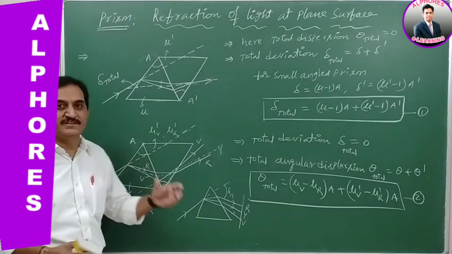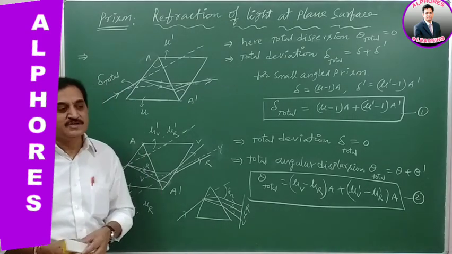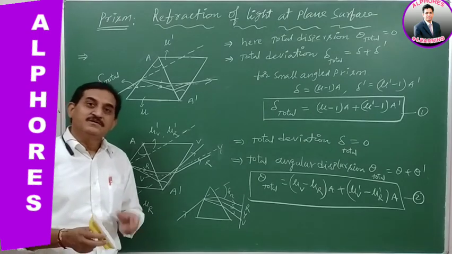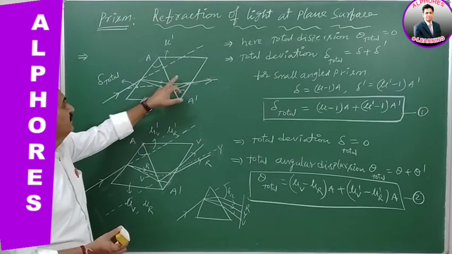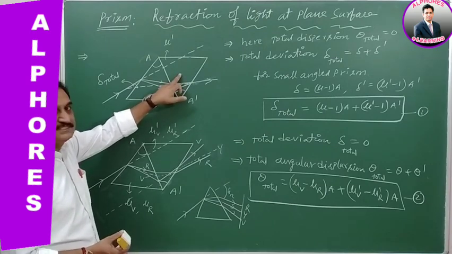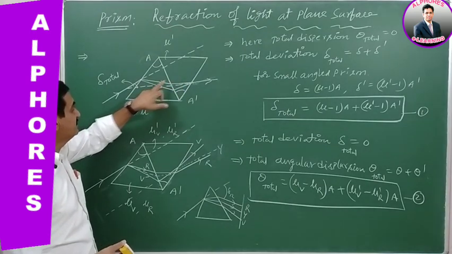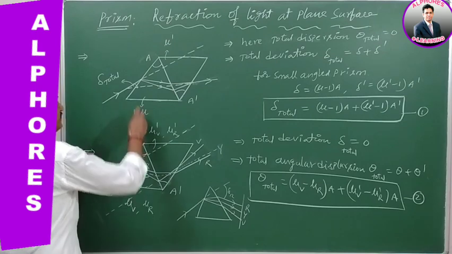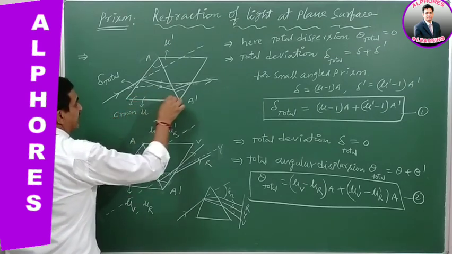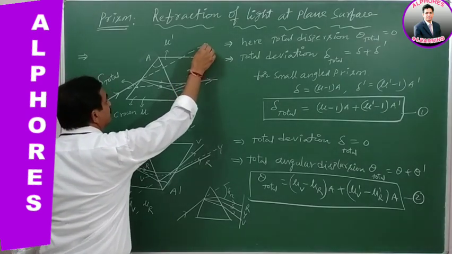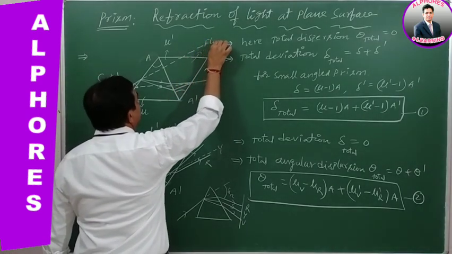Then we have to go for a combination of two prisms which are connected reverse to each other. See here, this is one combination of two prisms, this is one prism and this is another prism. One prism is made of crown glass and the other is made of flint glass, two different materials.